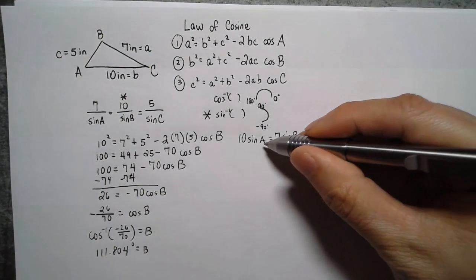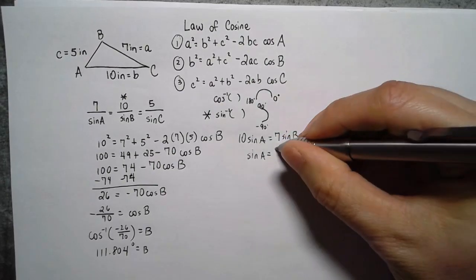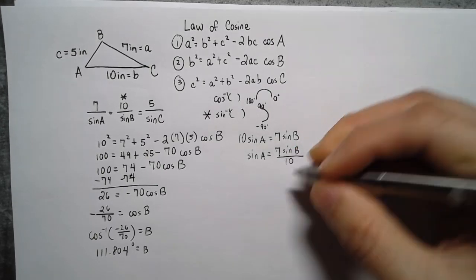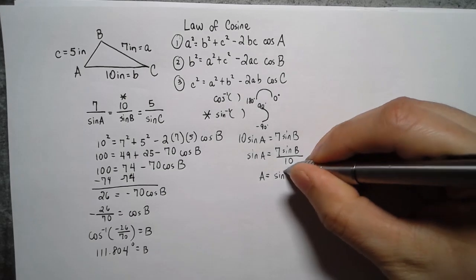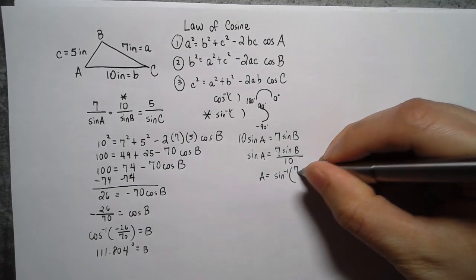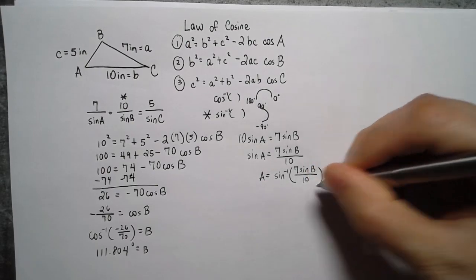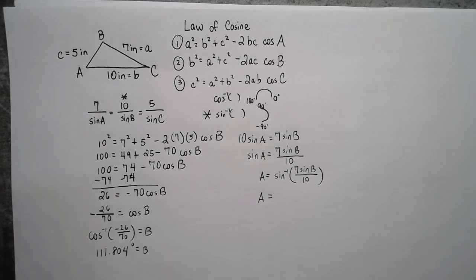I'm solving for angle A, so I will divide by 10. And that'll give me 7 sine of angle B divided by 10. And one more step to get angle A, I need to use arc sine, which will give me arc sine of 7 sine of angle B over 10. At this point, I gotta put it in the calculator.